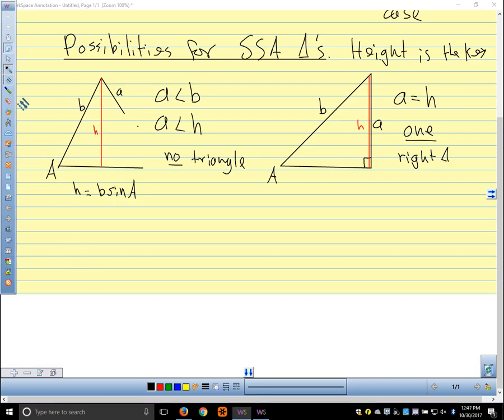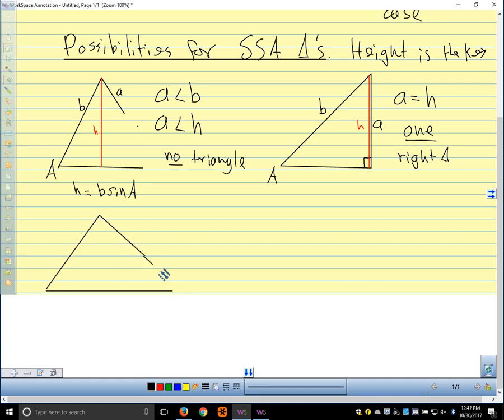And then we also have the possibility that we have our triangle situated like so. There's my angle A, and I'll draw in my height.